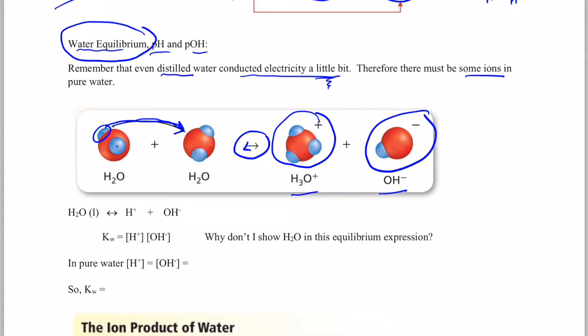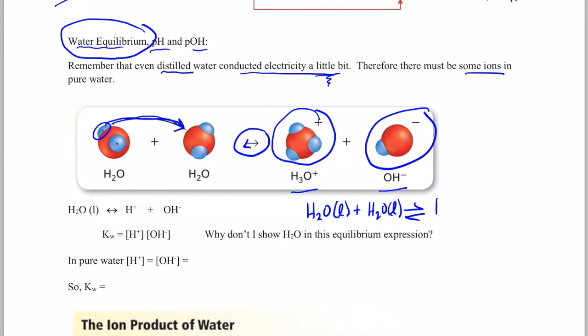Yeah, I know it doesn't happen very often because the conductivity of a pure water solution is so very, very, very tiny. So the reaction here is H2O liquid reacts with H2O liquid to form, and I'm going to draw the arrows going both ways, kiddos, hydronium ions and hydroxide ions.